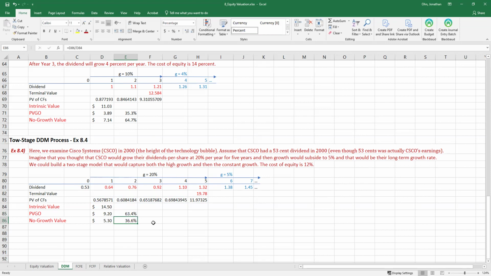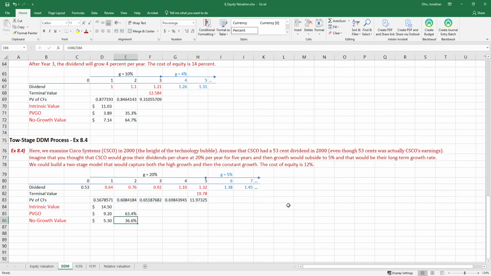Look at this. See, that's exactly the opposite of our previous stock, right? So for the Cisco stock, the intrinsic value is $14.50, but 63.4% of the value comes from future growth opportunity.